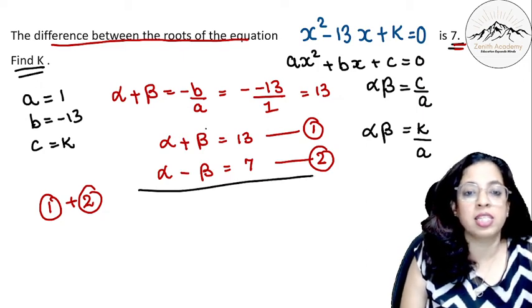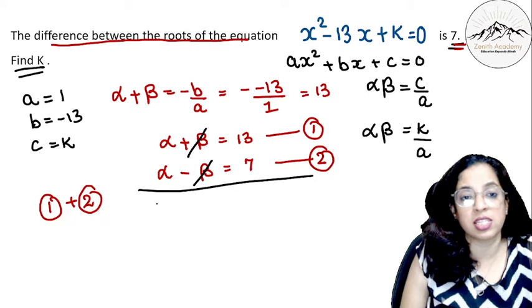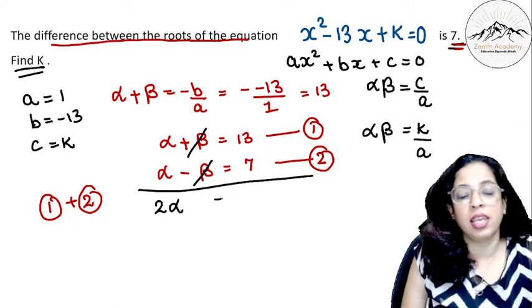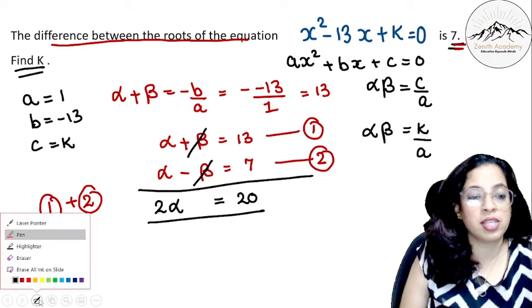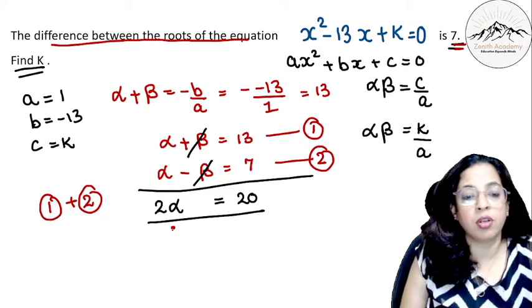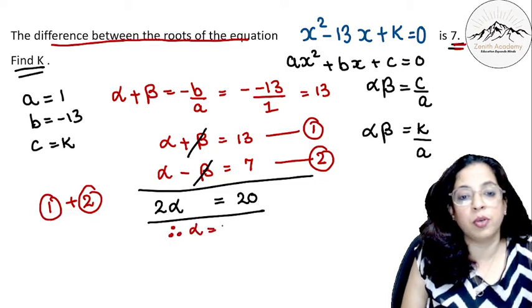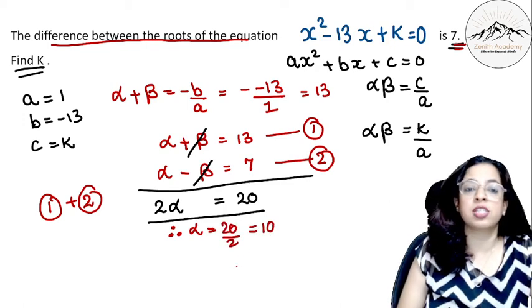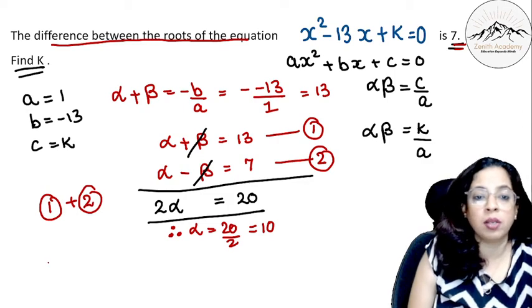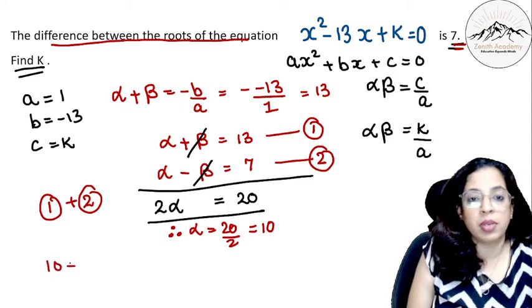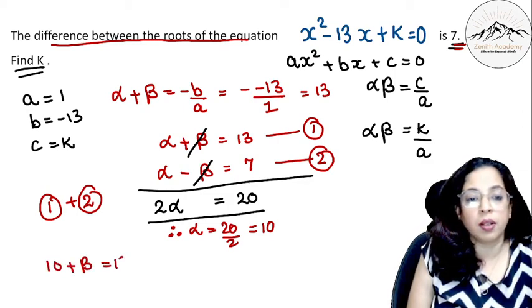By adding, plus beta and minus beta get cancelled. You get twice alpha is equal to 20. Therefore, alpha is equal to 20 by 2, which is equal to 10. Now substitute alpha equal to 10 in equation 1. So 10 plus beta is equal to 13.